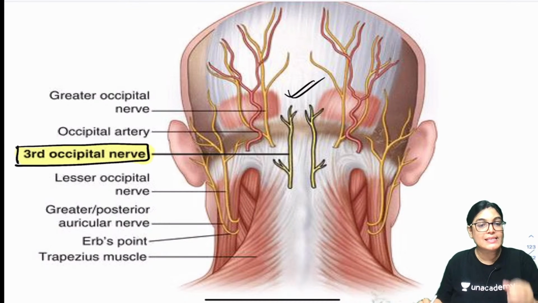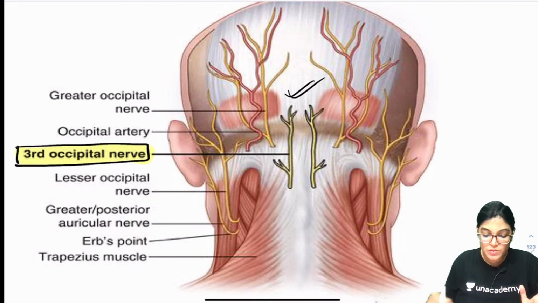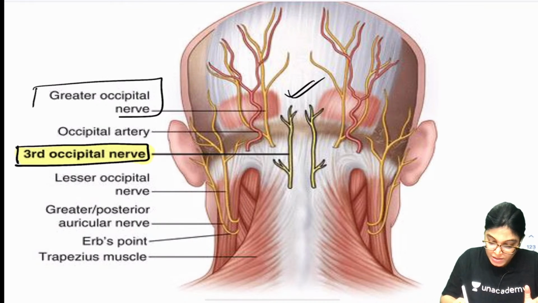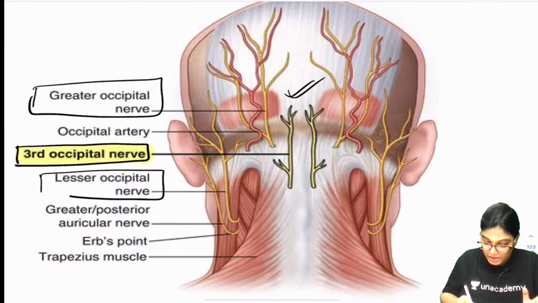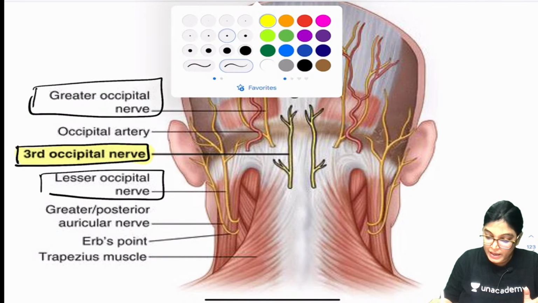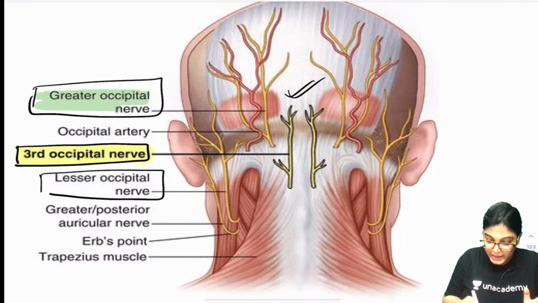And why not the lesser and the greater occipital nerve? The other options were the greater occipital nerve and the lesser occipital nerve. So why are these not the correct answer? I am just highlighting this.